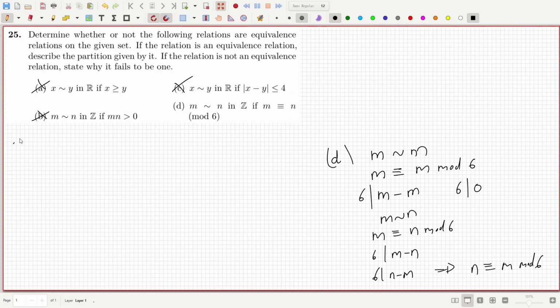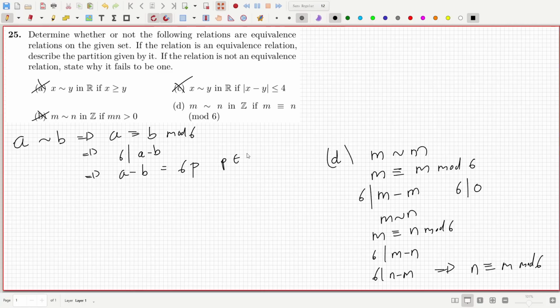Okay, so we'll say a equivalent to b. What that means is a equals b mod 6, which means 6 divides into a minus b, which means a minus b equals 6p, where p is an integer. And then b equivalent to c likewise would mean b minus c is equal to 6q.